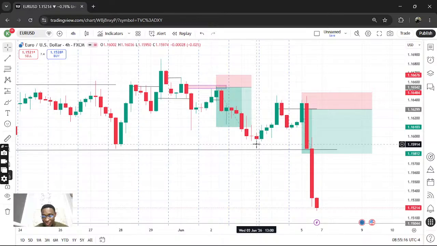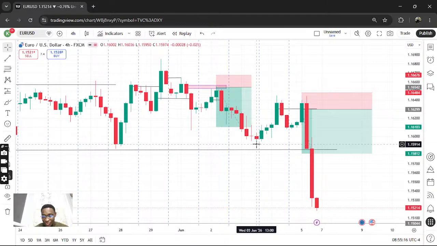At this particular point, you could notice that Euro USD has also been ranging just like dollar. So what happened? First, that particular candle on Friday that broke dollar index downward, the same movement broke Euro USD upwards, as you can see.